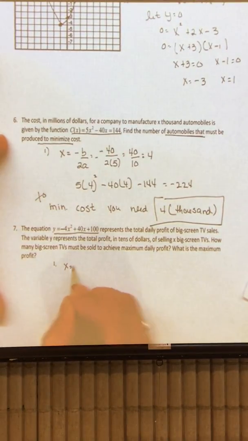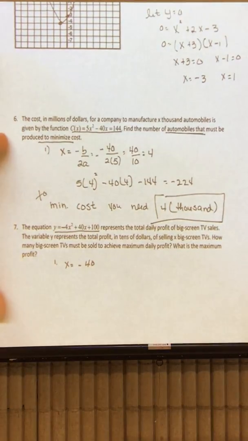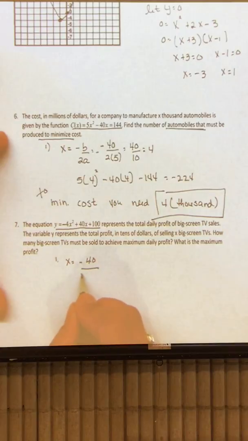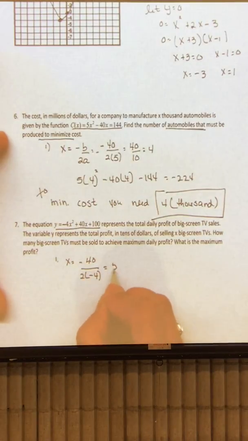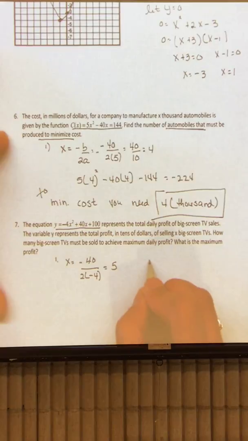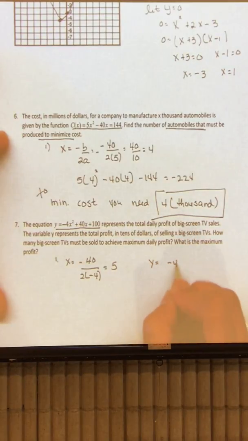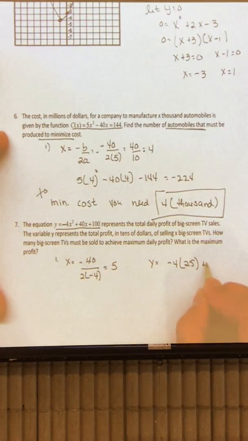So x is equal to negative 40 divided by 2 times negative 4, which is equal to 5. Substituting the 5 back into the equation, you have y is equal to negative 4 times 25 plus 200 plus 100, which is equal to 200.